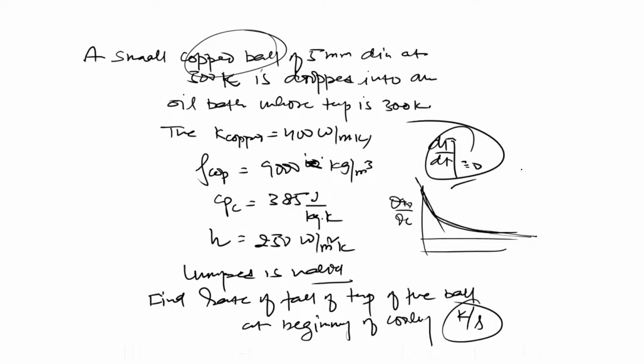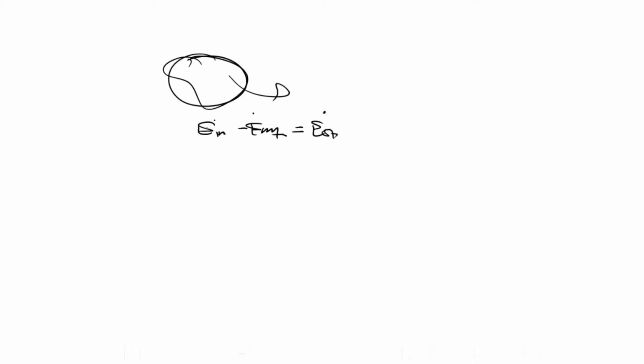First, I told you two methods. First from the initial, because they are asking initially only. So at initial, you must know temperature. From energy balance, let's say a ball is there, and you can write the balance, because derivation is very important. If any change is going to be made, then you should start from derivation. So energy in minus energy out equals energy stored, because generation is not there. No energy comes in here, it is 0.